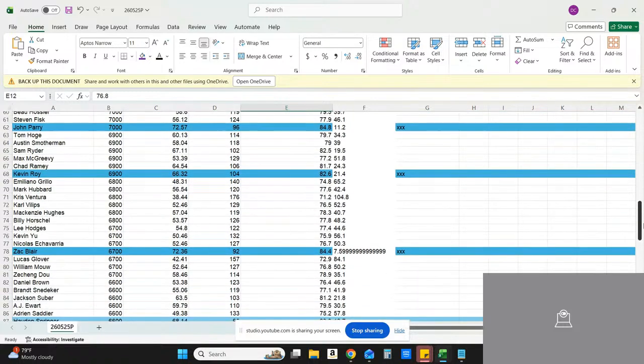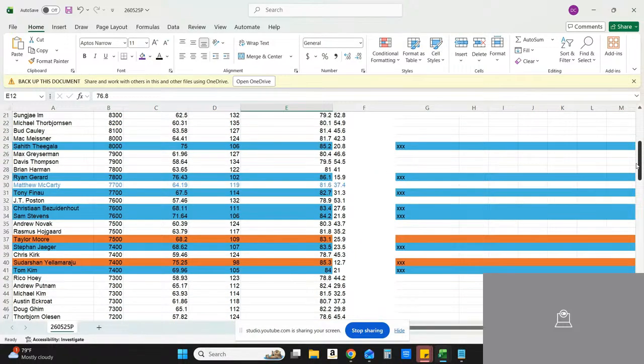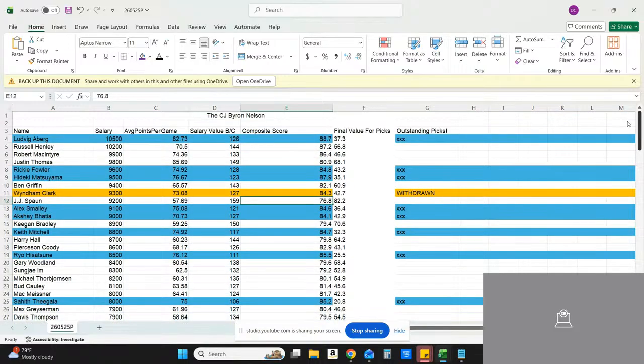They do descend, but more importantly, what we pair with that is our own calculation, our final value for the picks. This is the number one place to find the information that you need. And honestly, if you have the player name and this column F, the lower the value in column F, it's sort of like a handicap.